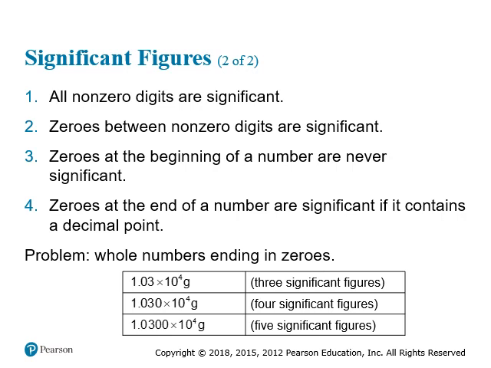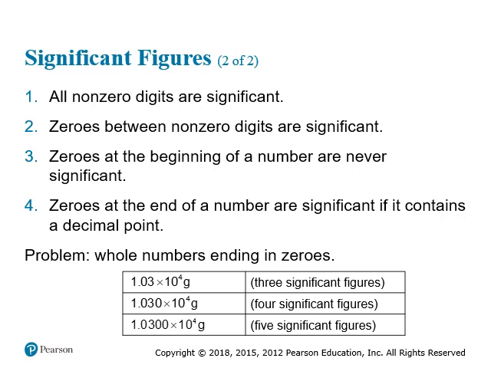The only time when we have concerns with significant figures is when zeros are involved. Sometimes zeros mean something, and sometimes zeros are just placeholders. Sometimes they are insignificant. Rule number 2 suggests that zeros in between non-zero digits are significant.